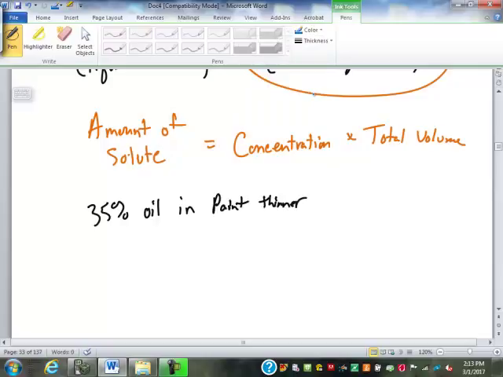So what that means is the 35% oil is indicating the oil is the solute. That is our active ingredient. So the amount of oil that is in that mixture, 35% is going to be written as a rate, 0.35.